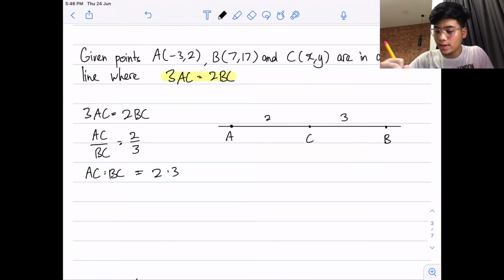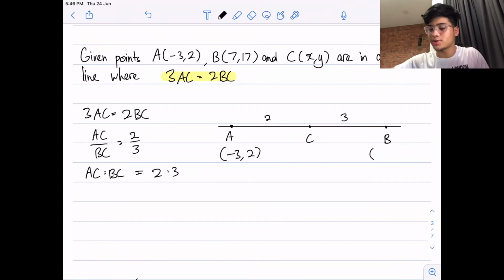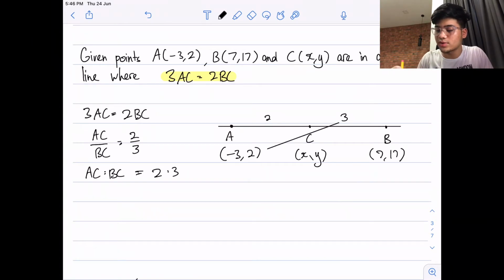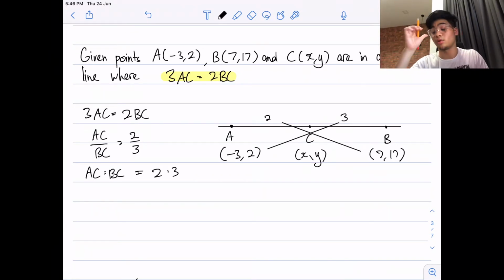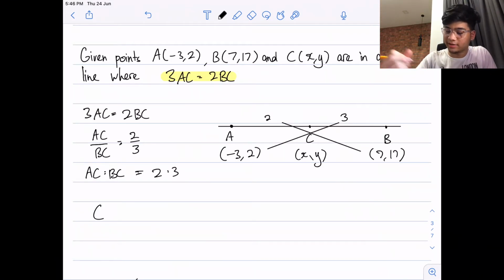And then always write the coordinates of A and B on the line so that it's easier when you want to find the values. I like to draw these arrows so that I know they are supposed to multiply by the other, as in 2 times B instead of 2 times the x, y coordinates of A. Once I've drawn my diagram, this is when I can start finding the coordinate of C.